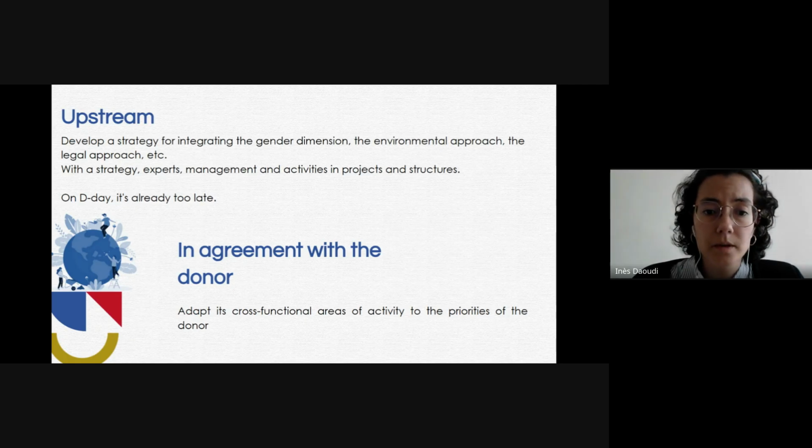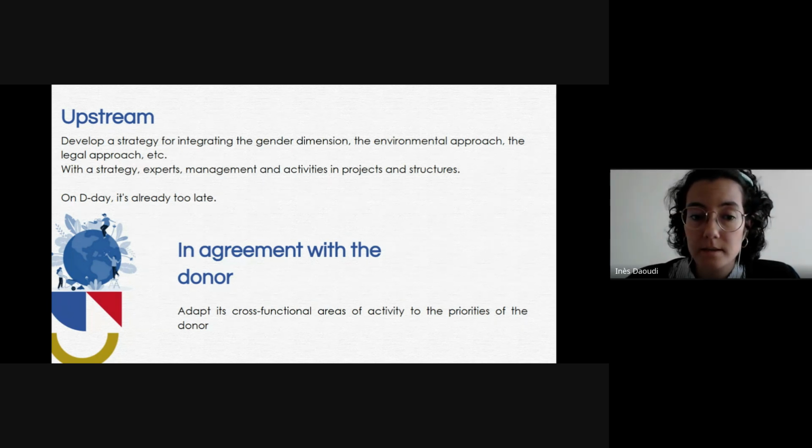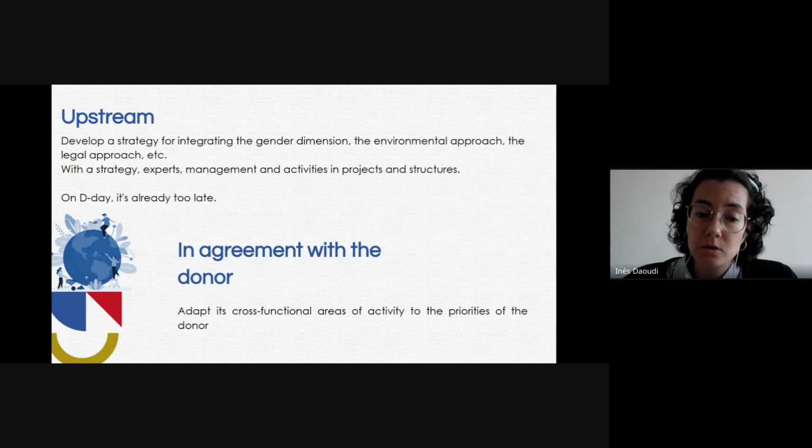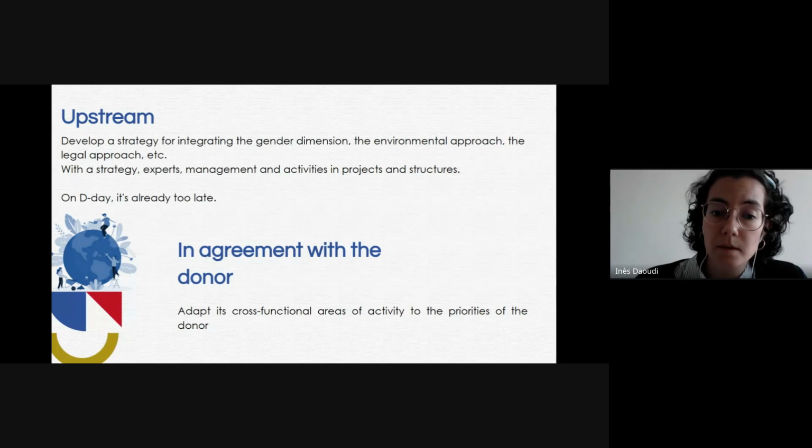For example, if the project aims to improve food security for farming households, it integrates cross-cutting issues in the following way. With gender, the project conducted a gender analysis to understand the different roles and responsibilities of women and men in agricultural production. So it includes specific activities to strengthen the capacities of women farmers and give them access to resources.